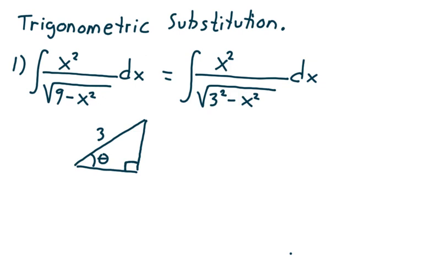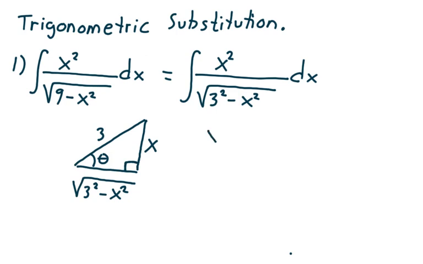So I'm going to let x be the length of the side opposite to angle theta, which tells me that the side adjacent to angle theta will be the square root of 3 squared minus x squared. Now I'm ready for my substitution.